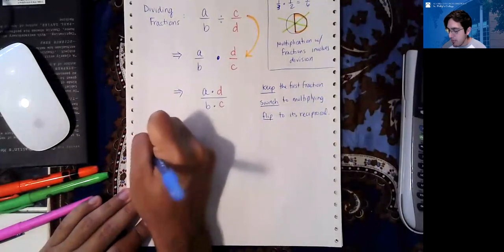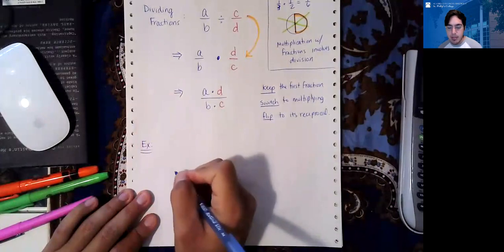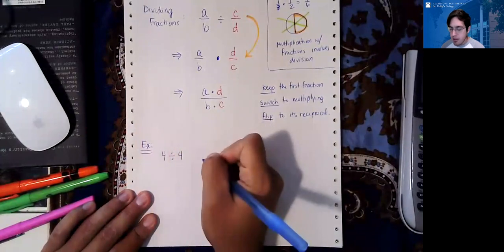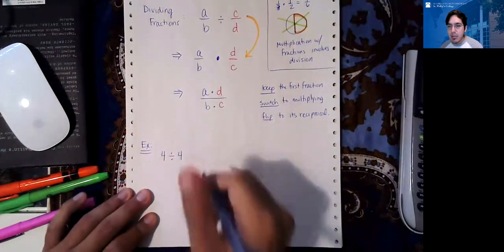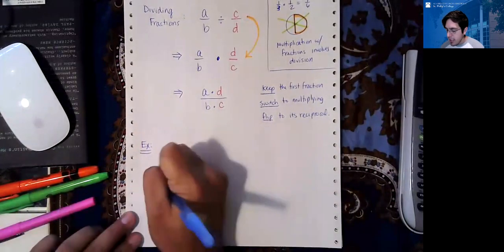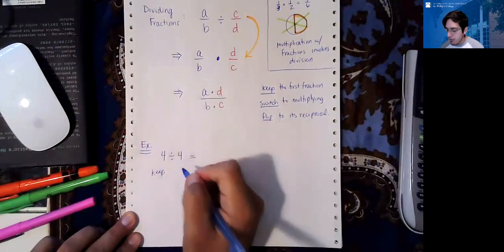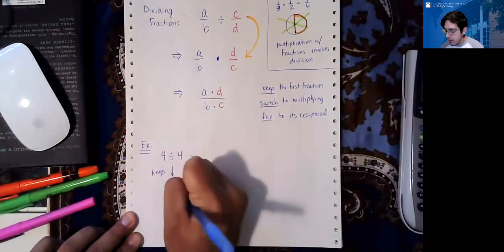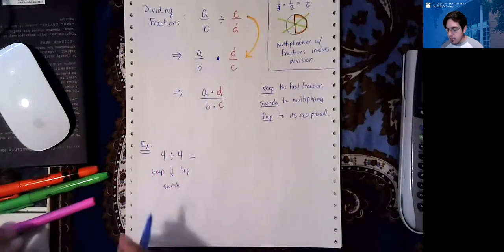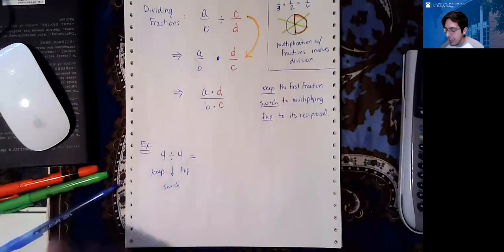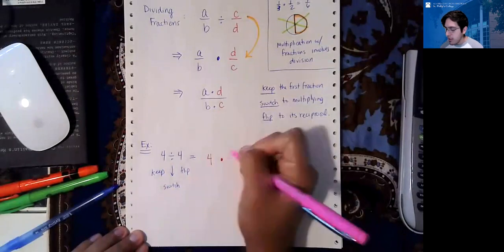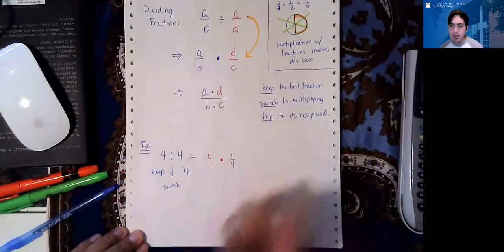So just as an example, and it might be more complicated than it needs to be, but just go with me. If I had 4 divided by 4, and I apply the keep, switch, flip formula, that means I should keep the first number, switch to multiplication, and then flip the second number to its reciprocal. So 4 divided by 4 turns out to be the same thing as 4 times 1/4, since that's the reciprocal of the second number.